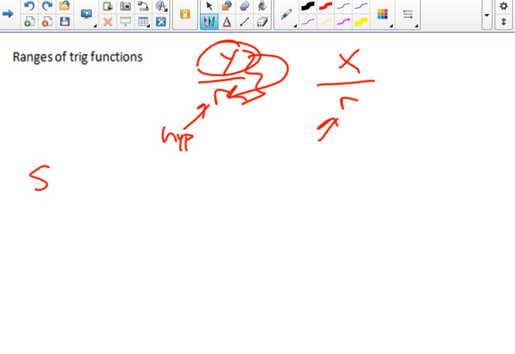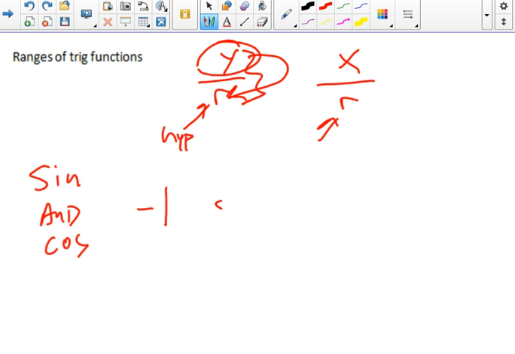So sine and cosine, this you need to know. You will not get a sine or cosine value out of your calculator that is beyond that.